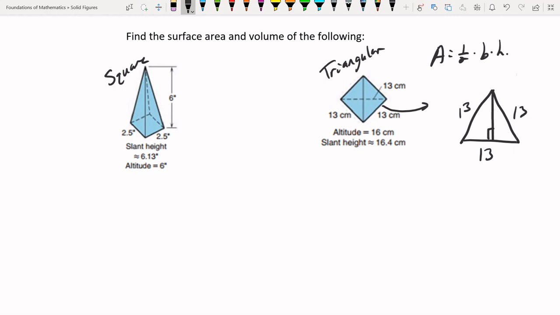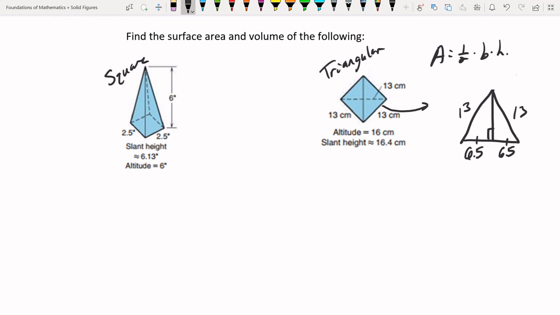We don't know what that is. We can, however, find that distance. We can use the Pythagorean theorem to find the distance there. That's because this height is going to cut this bottom part in half directly. And 13 divided by 2 is 6.5. So each of these measurements here are 6.5, this one and this one.